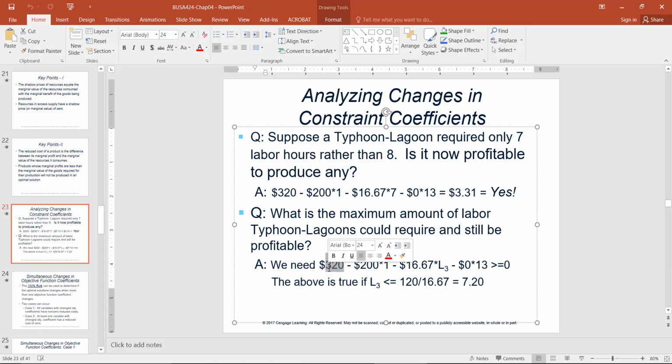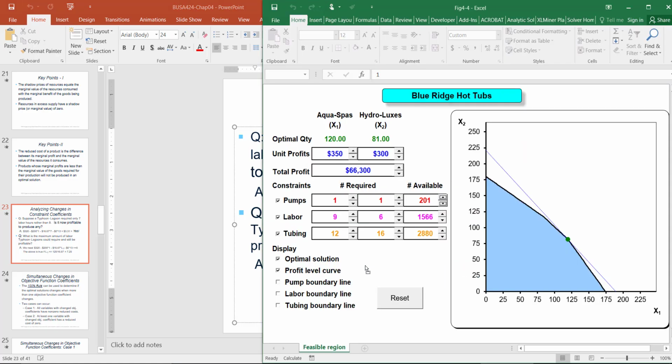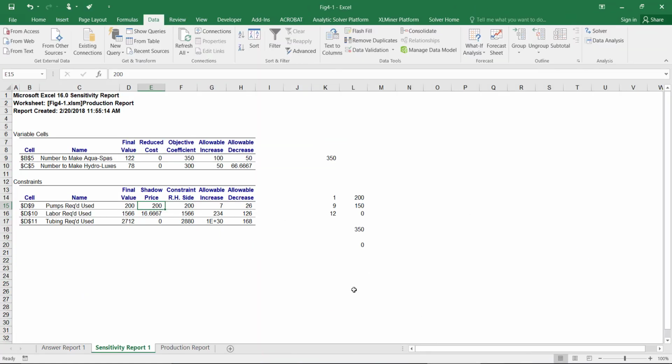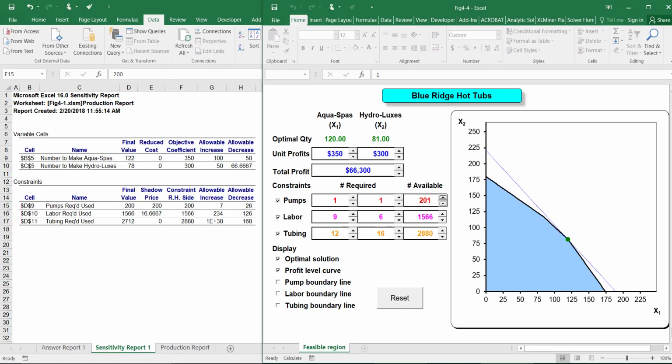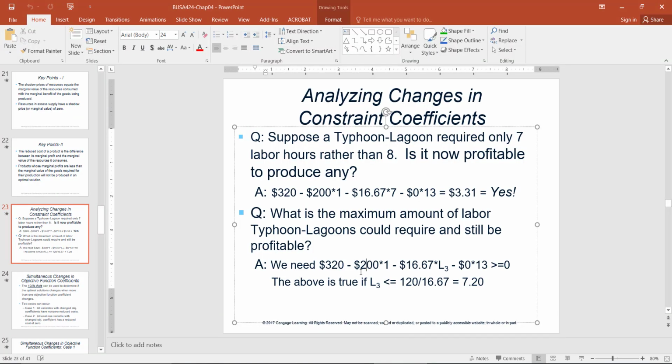So 320 is the profit that this product makes, minus, because it uses one pump, the cost associated with the shadow price of the pump, which is 200, minus the shadow price of the labor, which is 16.67. So we are looking for the maximum hours that this product can consume and still be profitable.